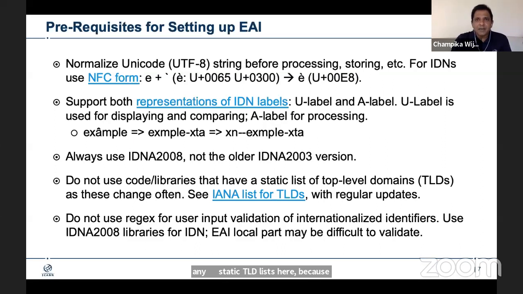It is pretty much dynamic. For example, tomorrow a new TLD can be added. Currently there are over 1,500 or so TLDs, and we should always refer to dynamic lists rather than static ones. IANA maintains a list of TLDs, and we should refer to that.